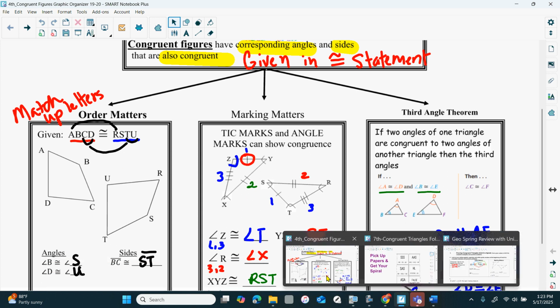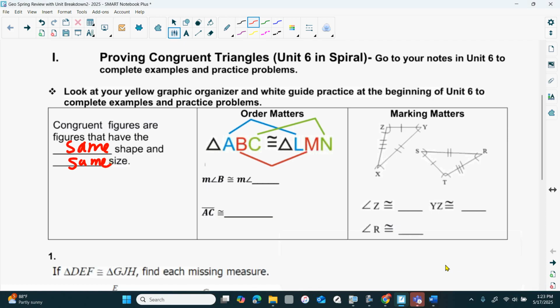So if I go by remembering order right here, B is in the middle, and if you look, it matches to angle M. Now if I'm doing two letters, A and C, first and last, that would be L and N. Okay, so those segments are going. And then here, match up your letters. If you want to add that little note that was on the actual graphic organizer, you can.